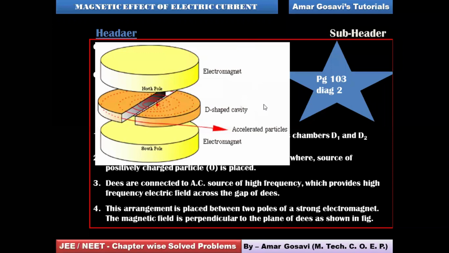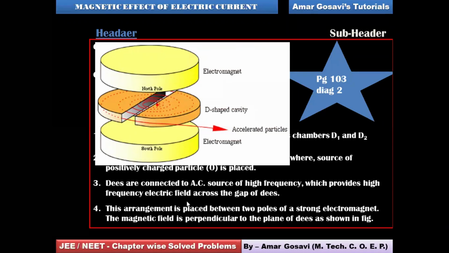Yeah, for notes you can see the same thing which I was talking about, here at the center. Obviously we are talking about the construction. So these are connected to an AC source of high frequency, which will provide a high frequency electric field across the gap. Just now I have explained to you how this electric field will ensure that the polarities reverse timely and the charged particle is accelerated.